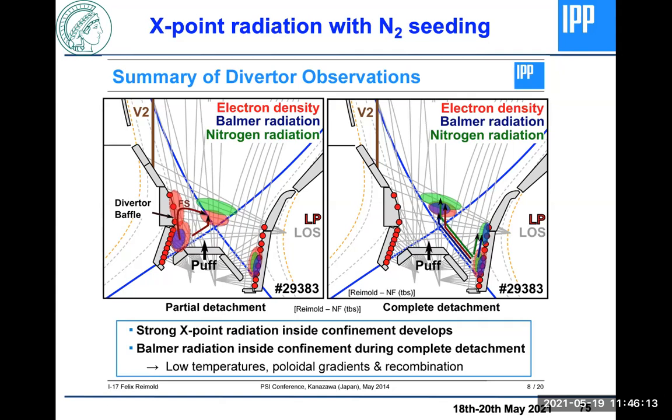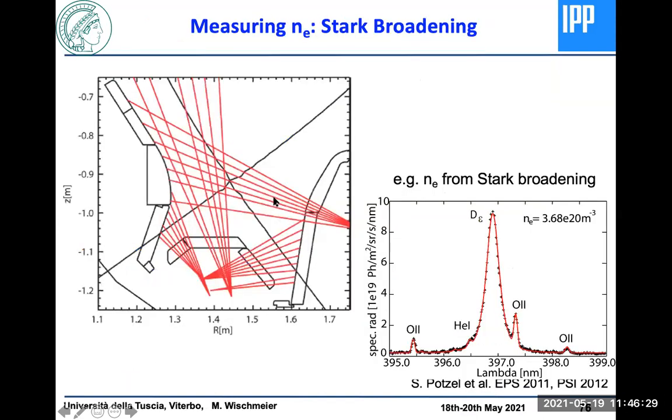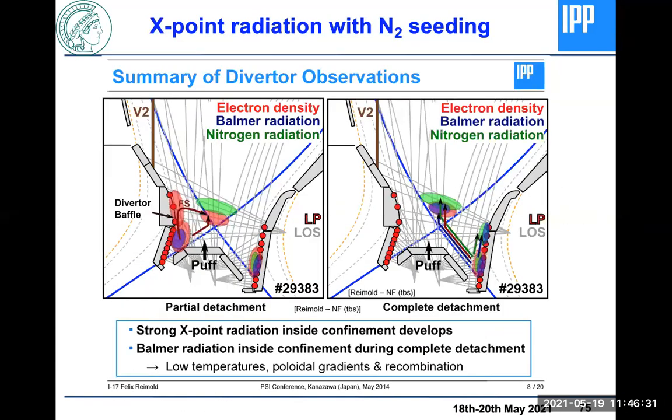So what has been done here is these lines of sight that you see here have been used to send them to one spectrometer to evaluate, for example, the electron density. I don't know if I have an example of how this is done. Yes, I have. One is done for the nitrogen.